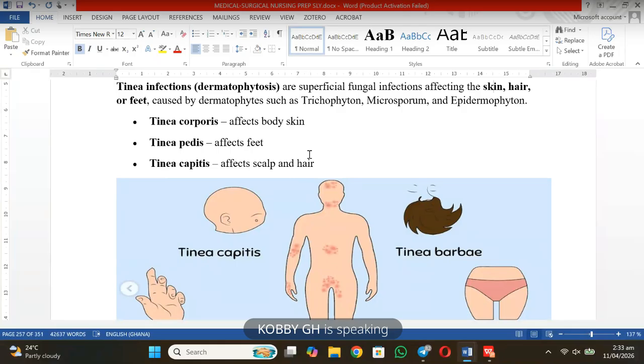Fungal infection of the feet, think about tinea. Fungal infection of the scalp and head, think about tinea. If it is affecting the skin, we call it tinea corporis. Affecting the feet, tinea pedis. Affecting the scalp and the hair, tinea capitis.